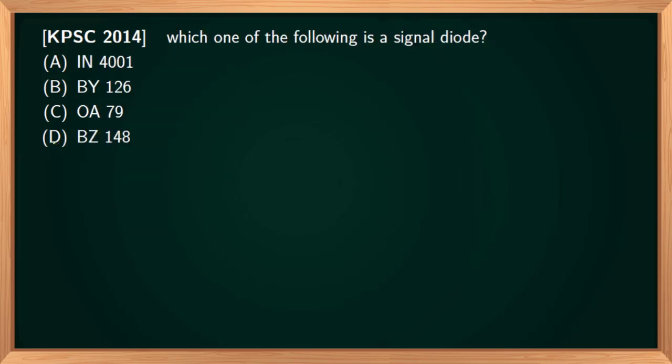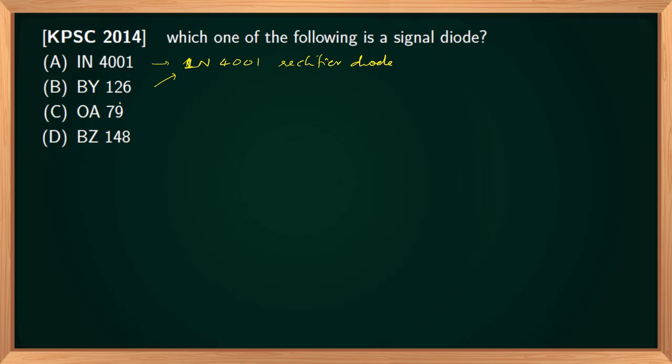Which one of the following is a signal diode? Option A, 1N4001. This diode is a rectifier diode. It has a high ampere rating as compared with the signal diode.